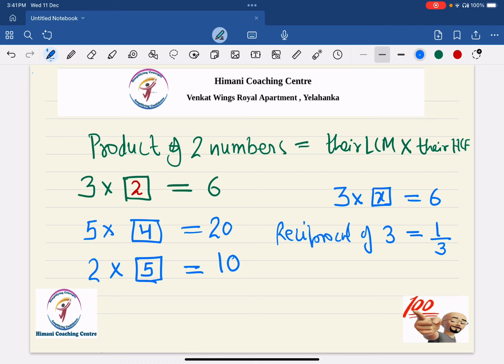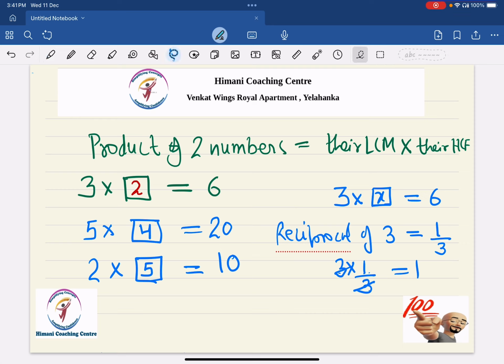So if you multiply 3 with its reciprocal, what will you get? You will get 3 divided by 3, which is 1. So whenever we multiply a number with its reciprocal, the answer will always be 1.